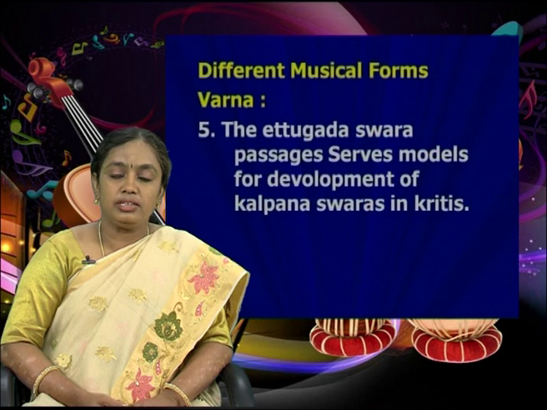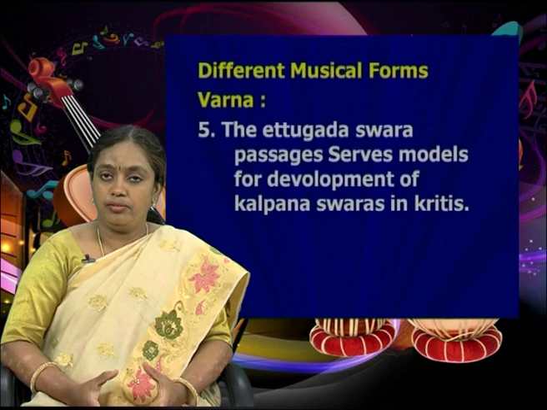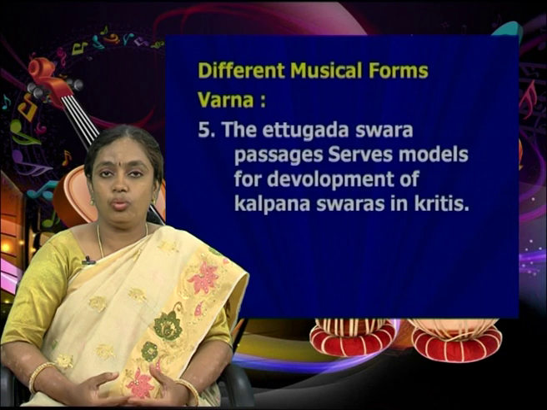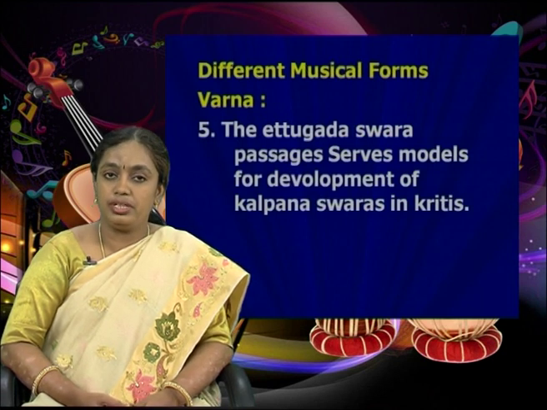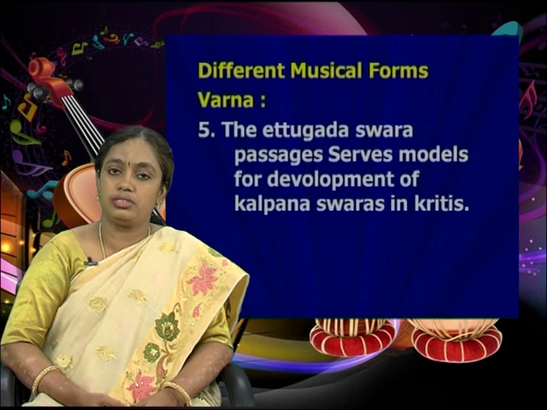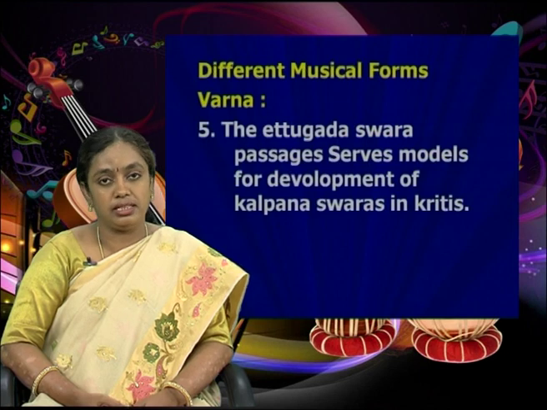After practicing ettugada swara, an artist or a musician is able to sing development of kalpana swaras in kritis. Kalpana swaras means we have to sing the swaras on our own according to the tala beats combinations. So these varna practices help the beginners to develop their skills for kalpana swaras in the kritis.